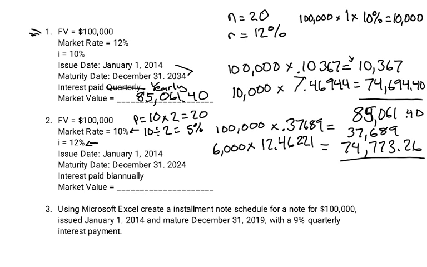So when you add this, you get a total of $112,462.26. So that is your answer for the market value at a premium.